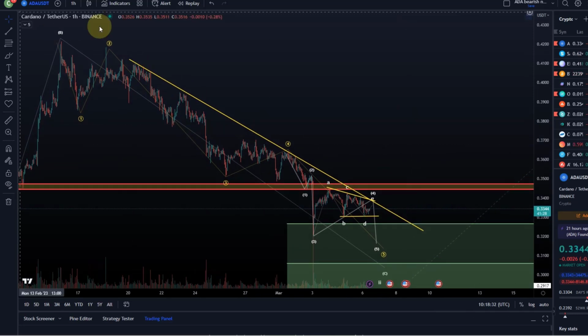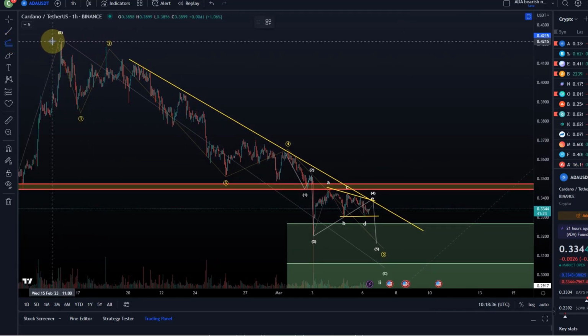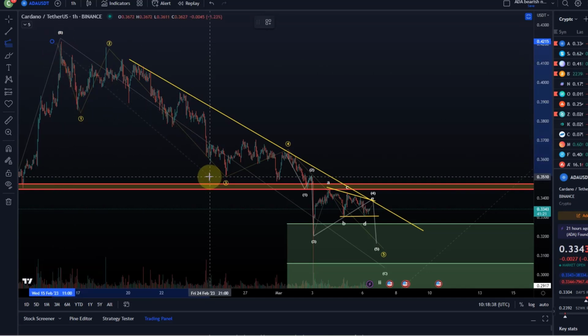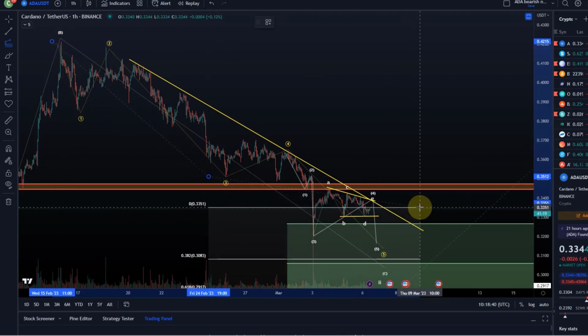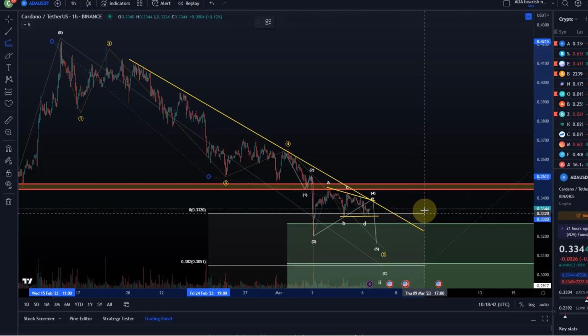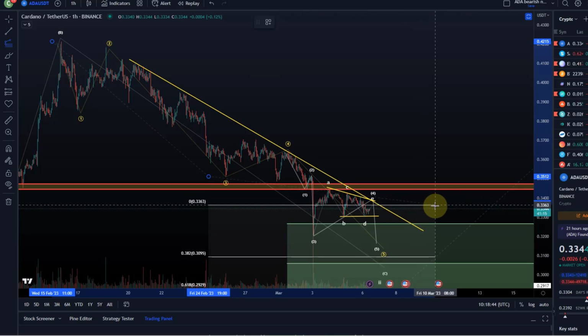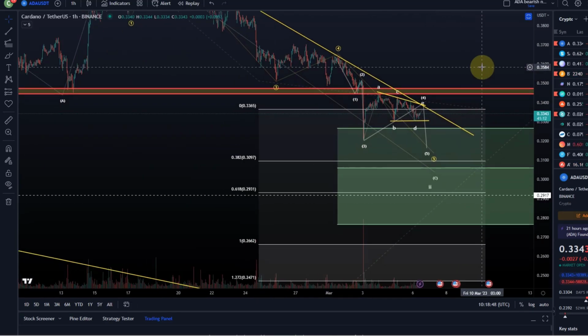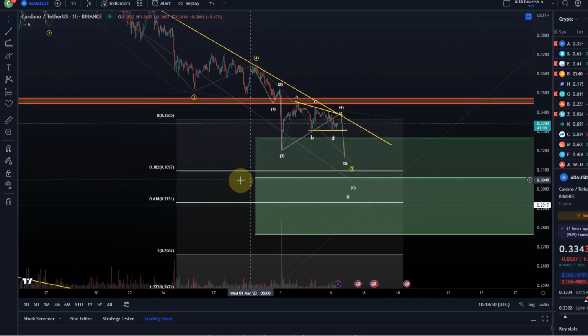And we can also look at it in terms of measuring the length of 1 through 3, go to the high of the fourth. Now again, here the problem is I don't really have the high of the fourth yet, but let's just make an assumption, maybe here around 33.6 cents. Then we've got key targets here around basically 31 cents and 29.3.